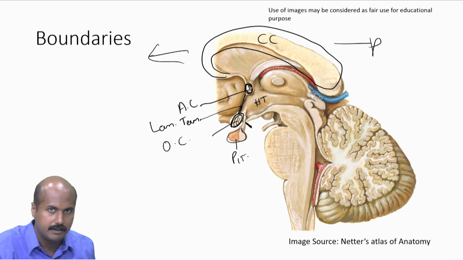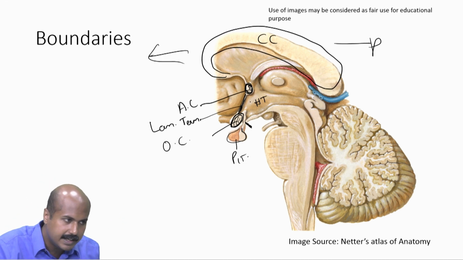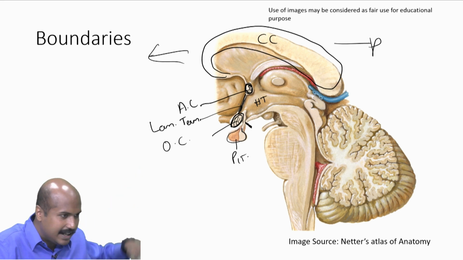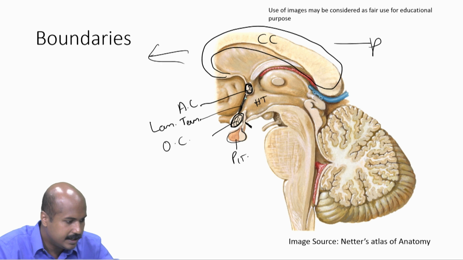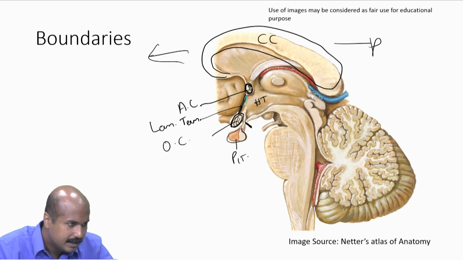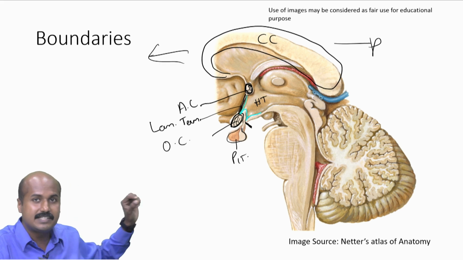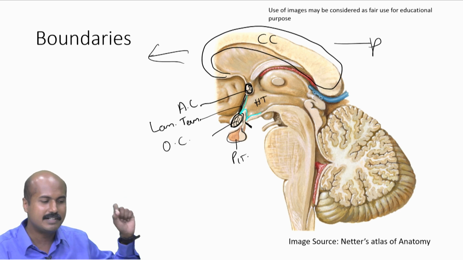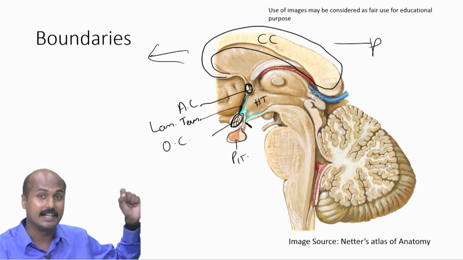That region is called the infundibulum, and you can see here the third ventricle has two pockets. I'll use another color to make that clear. One pocket is lying just above the optic chiasma, and another pocket is descending onto the pituitary into the infundibulum. These two are pockets of the third ventricle. Pockets you call recesses.